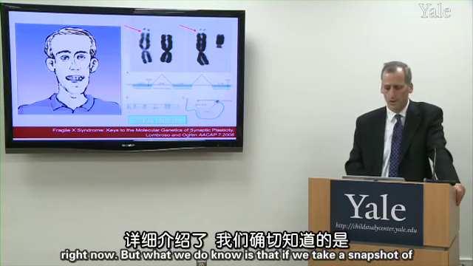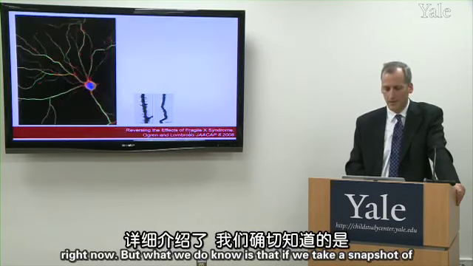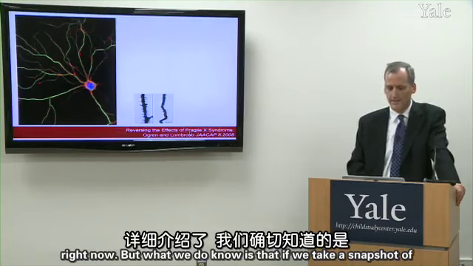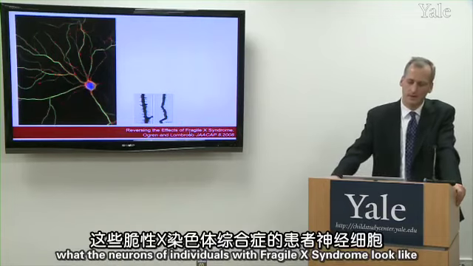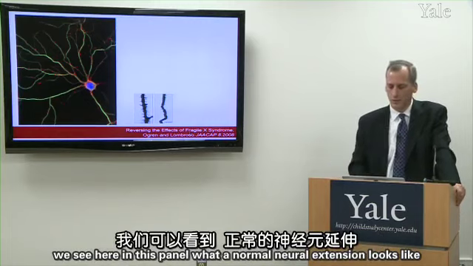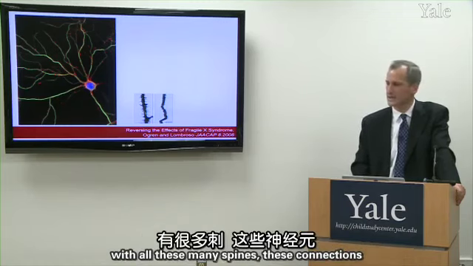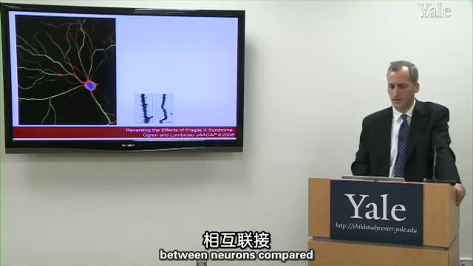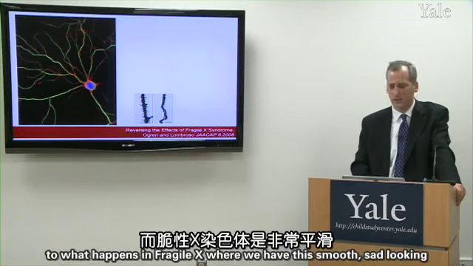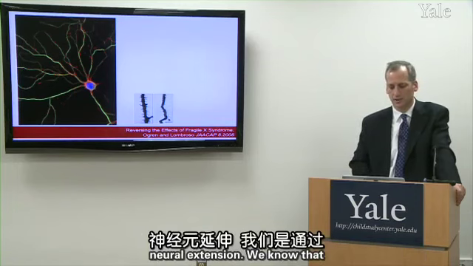But what we do know is that if we take a snapshot of what the neurons of individuals with Fragile X syndrome look like, we see here in this panel what a normal neural extension looks like with all these many spines, these connections between neurons, compared to what happens in Fragile X, where we have this smooth, sad-looking neural extension.